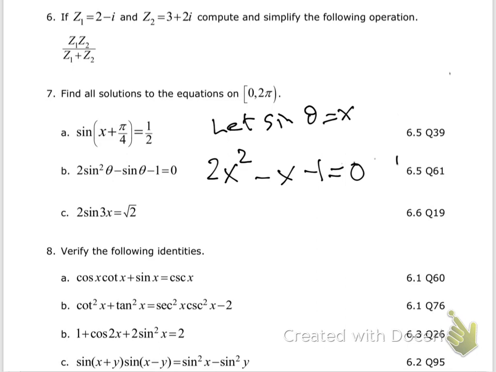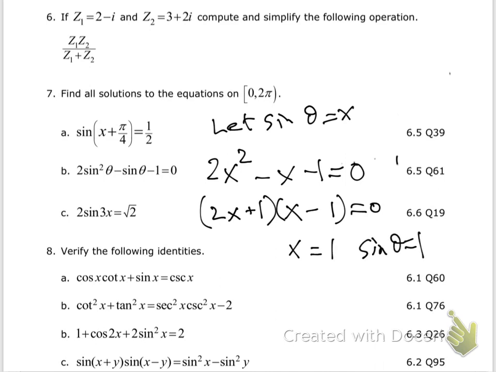So if I factor that, I'm going to get this 1 and 1. So that's going to be negative, that's going to be positive. In other words, x equals 1, or rather sine theta equals 1, and x equals negative a half, or rather sine theta equals negative a half.